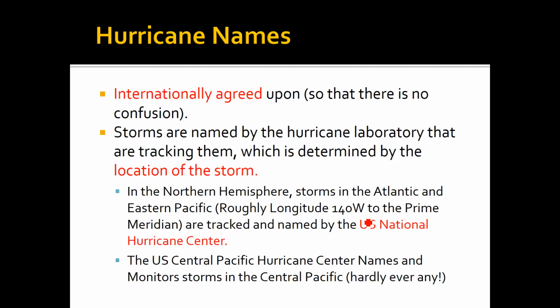Out in the Central Pacific, that's where Hawaii is, any storms that develop out there are named by the Central Pacific Hurricane Center. There are hardly any storms that actually develop there. Most storms that hit that region form in the Eastern Pacific. And then to prevent confusion, if a storm forms, it keeps that name for the rest of its life. Until it dissipates, it has that name. Again, that's to prevent confusion as well.